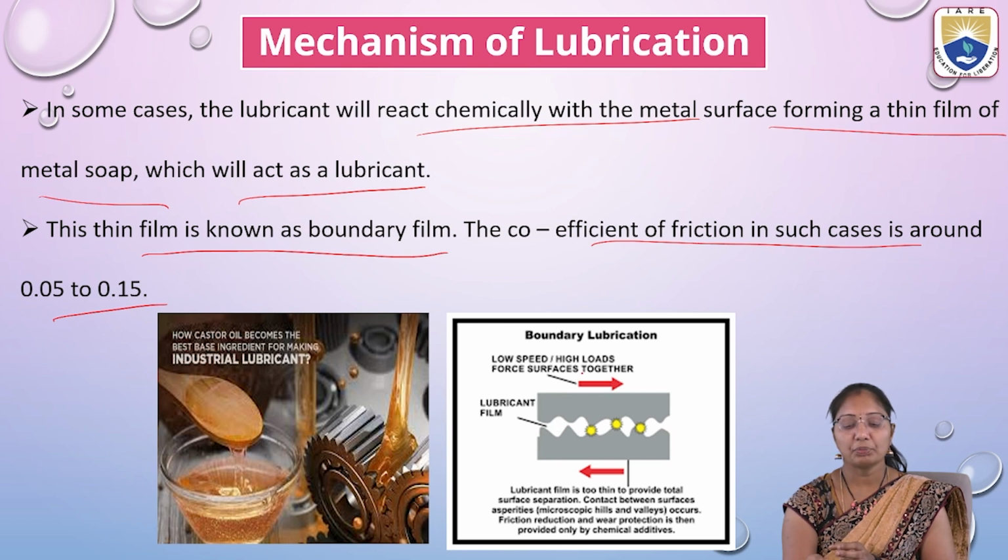The low speed and high load force the surfaces together. The lubricant film is too thin to provide total surface separation. The contact between the two surfaces is reduced by using lubricants provided with chemical additives.